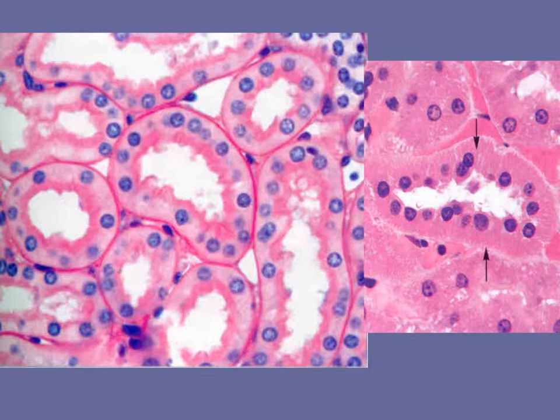From leaving Bowman's capsule, the first convoluted tubule that we encounter is called the proximal convoluted tubule. And this tubule is trying to absorb any material the cell and the body can possibly use. So, to increase surface area, we're going to have this fuzzy appearance to help absorb anything that can be reused.